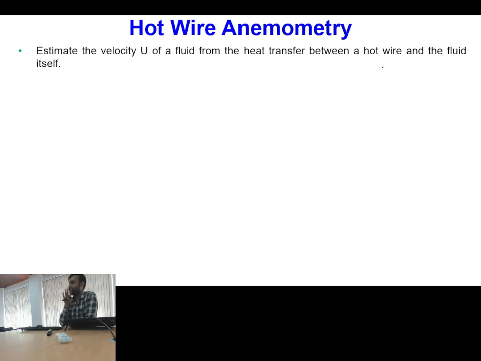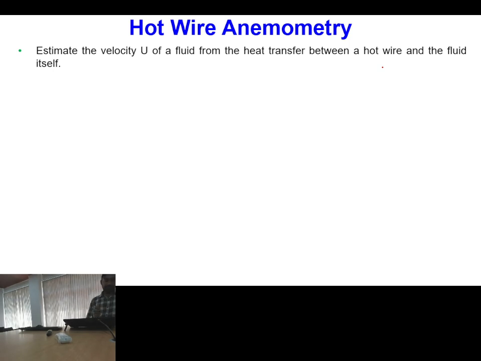If we have to maintain constant current in the wire, then we have to change the voltage signal, and we can measure that change. Or the second situation can be, if we want to maintain constant temperature of the wire, then I have to maintain the same resistance. To maintain the same resistance, I have to use some feedback circuit. How to use that, I will show you.